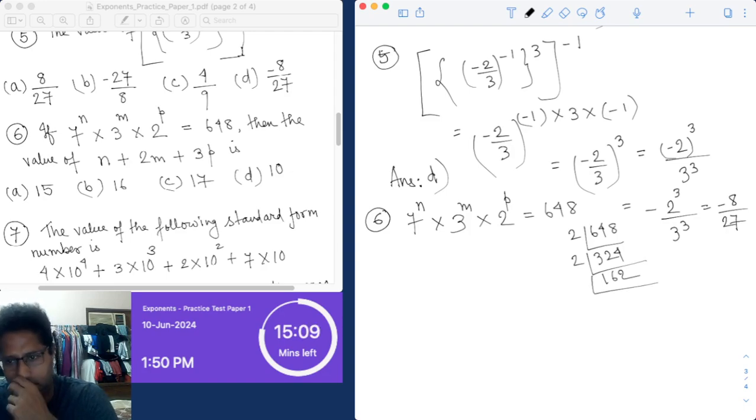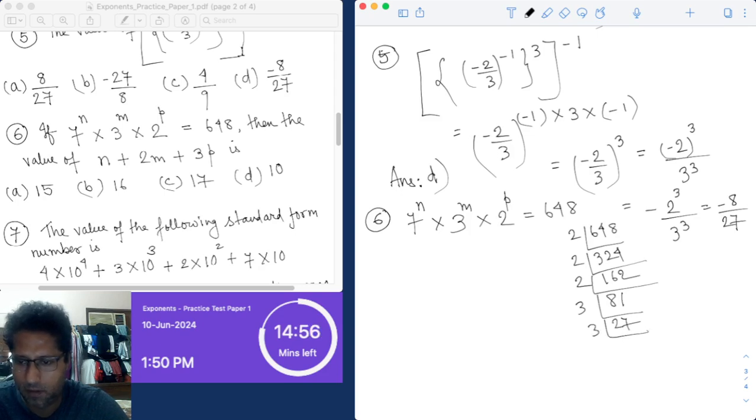324 and 162, again divide by 2, we get 81. Then 3 is 27, 3 is 9, 3 is 3 and 3 is 1.